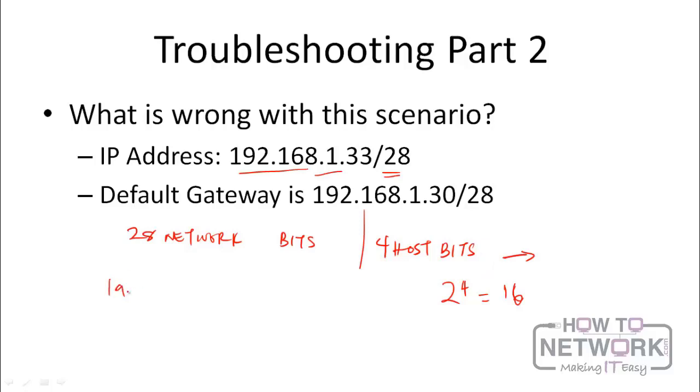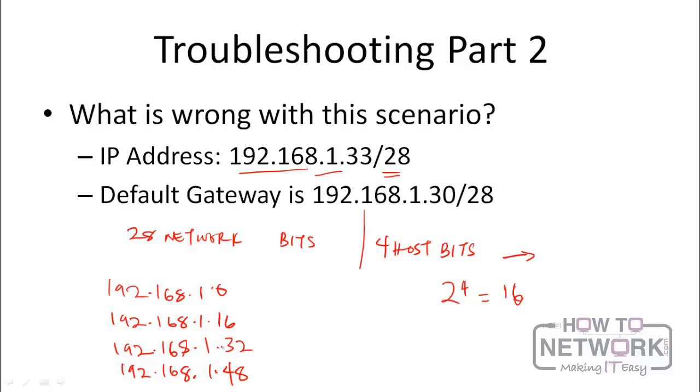So we're going to have 192.168.1.0 as the first network, and we have 192.168.1.16 for the second, 192.168.1.32, and 192.168.1.48, in increments of 16 like that.